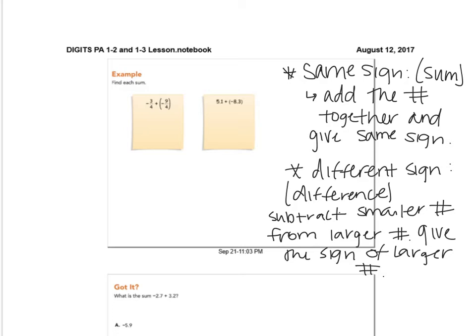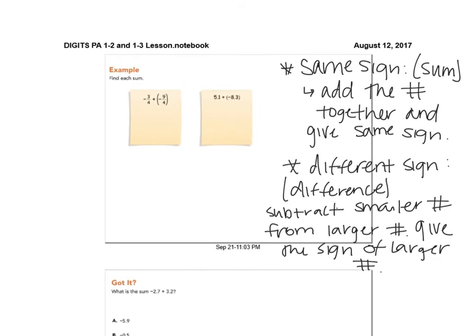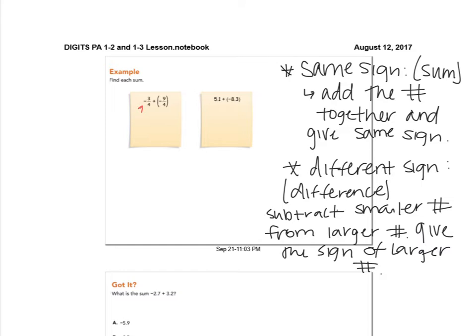So, in this example, we have negative 3/4 plus a negative 9/4. As you can see here, they both have a negative sign. So they're both negative numbers. So because of that, we're going to use the same signs rule. So we're going to add the 2 numbers. So I want you to think absolute value here.